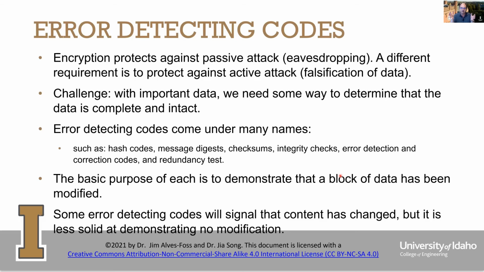You've got 8 bits, the first 7 are the number, the last is a parity bit. And if it's an even parity, it's set to a 1 to make sure there's an even number of ones. Odd parity, it's set to 1 to make sure there's an odd number of ones. It's a way of checking if one of those bits had accidentally changed. There are much more complex ones out there that can do more than that. But the basic purpose, demonstrate a block of data has or has not been modified.